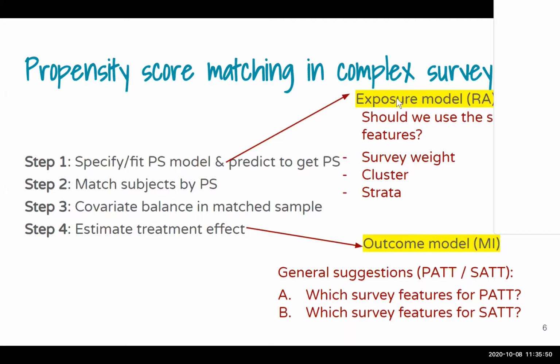Should we use those in the exposure modeling, or should we use the weight in the outcome modeling? But what about the strata and cluster? So this is a question that has been asked many times, and many people cannot answer that adequately, so they just go without any of this. Remember, Dugoff showed that 57% of the people do not even include any of these survey features.